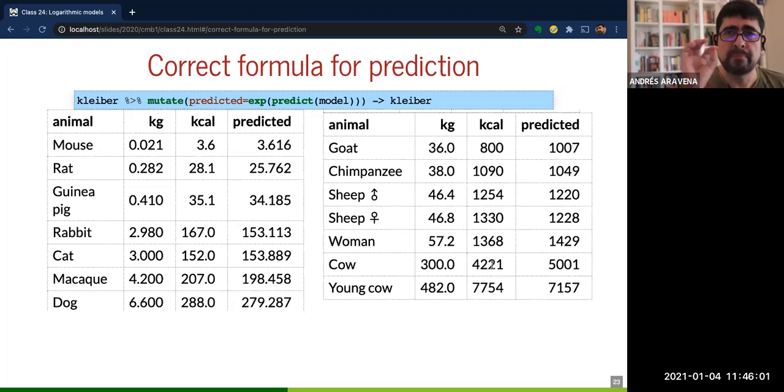It's not perfect because it's a model, it's a simplification. Essentially because you have variabilities. You have people of different weight that can have different shape. You can have people that are very tall or very fat and they have the same weight. So there will be some variability, but most of the variability is explained by the model. Not 100%, but a lot of what we see here is explained by the model.